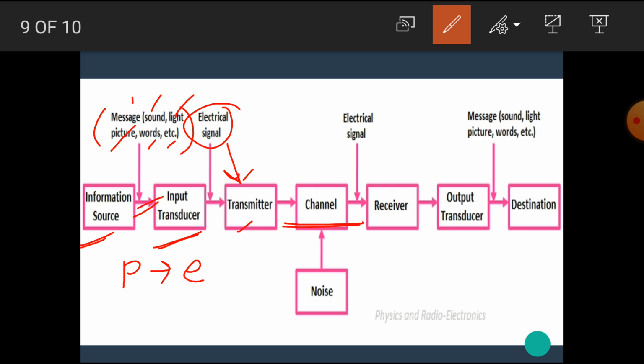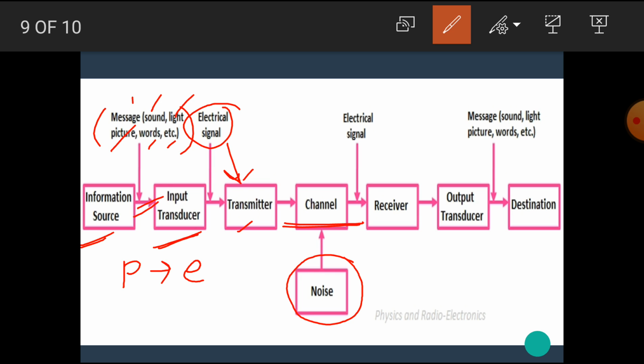Here the medium may be a wired medium or a wireless medium. At this stage the noise may get introduced in the system. The noise is an unwanted electrical signal and it degrades the quality of the main signal. The sources of noise are of different types. The main sources are man-made noise or natural noise.